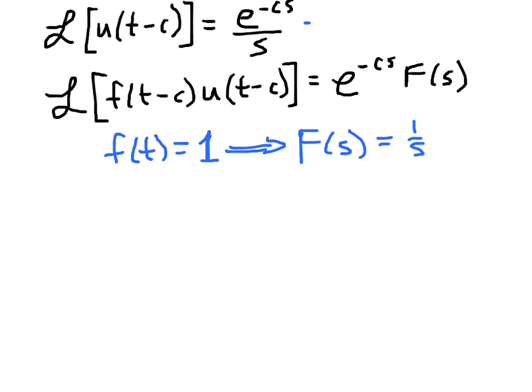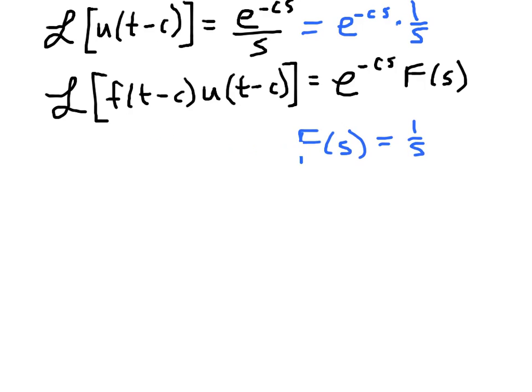And so you can see we can rewrite the first formula as e to the minus cs times 1 over s. So it actually has the same form as the second one, but for the particular function, little f of t equaling 1. So let me get rid of this portion down here.